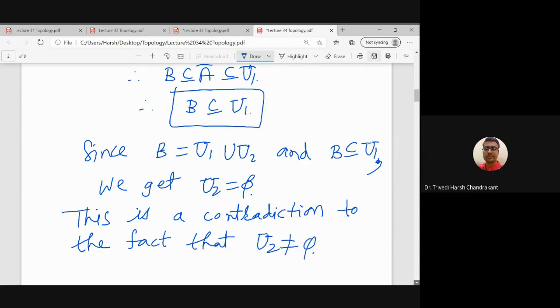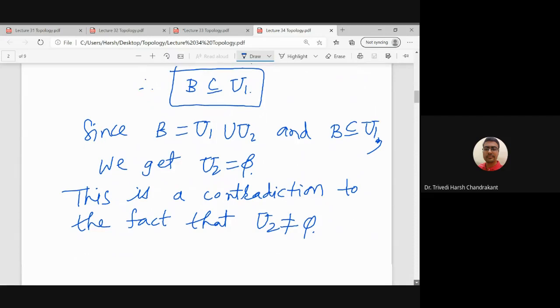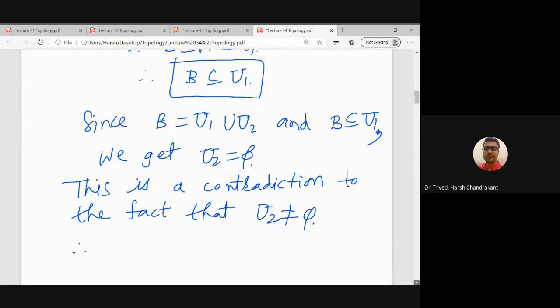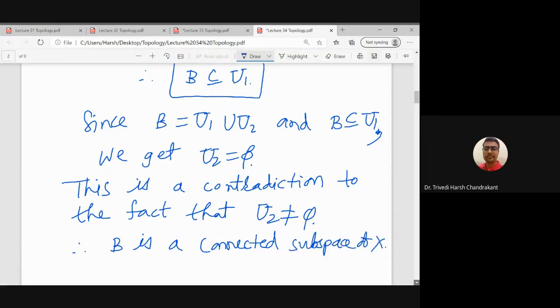This contradiction came because we assumed that B is a disconnected space, right? Therefore B is a connected space. So this will prove this result.